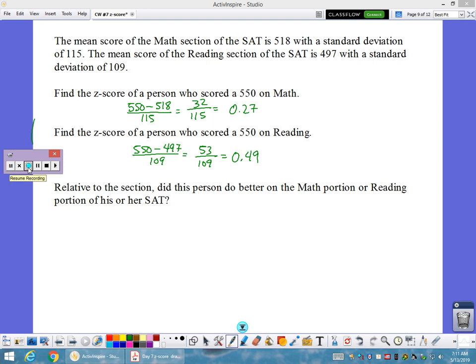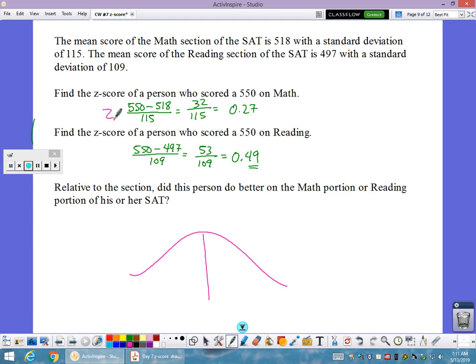All right, so you've already figured this out. Notice I rounded to the hundredths place here. It looked like 487 or something like that, and I changed it to 49. All right, so here, relative to the section, who did better? Well, as long as we standardize the score and find the z-score, we can compare them on the same grid. So here's 1 deviation above the mean.